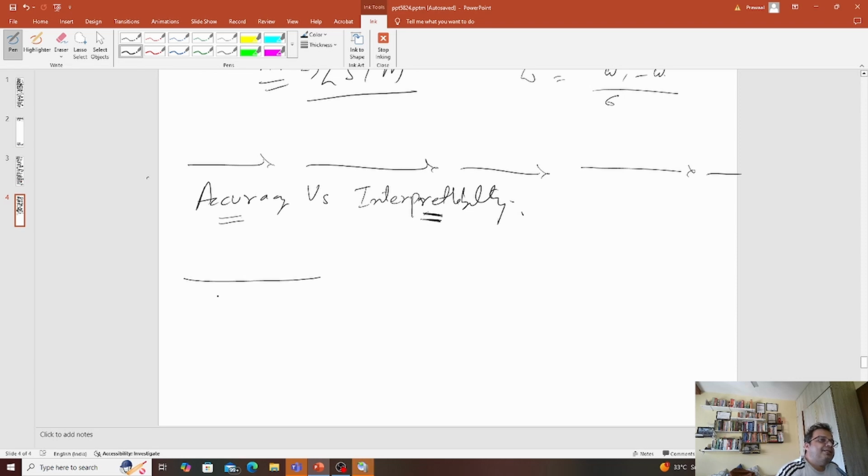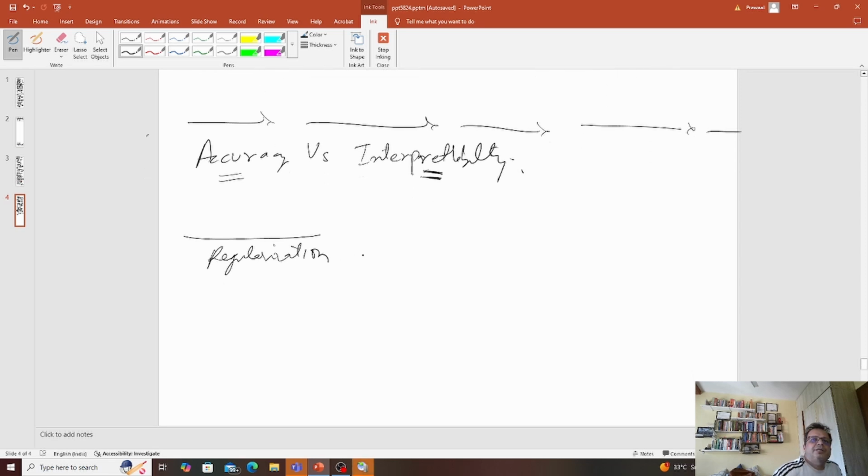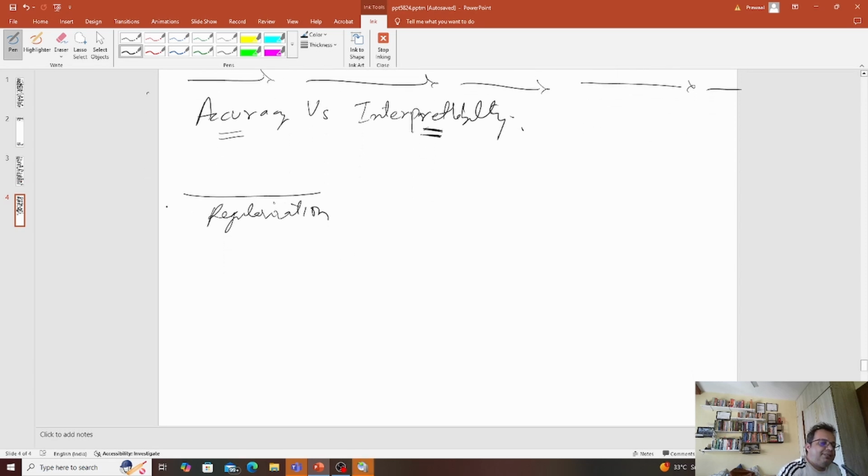The next reading is on regularization. We already spoke a little about regularization in chapter 1, I suppose, when we were talking about stepwise regression. If you remember, there are two ways to do stepwise regression.